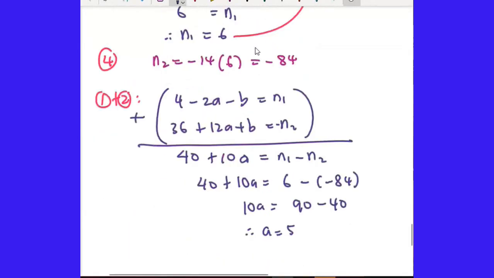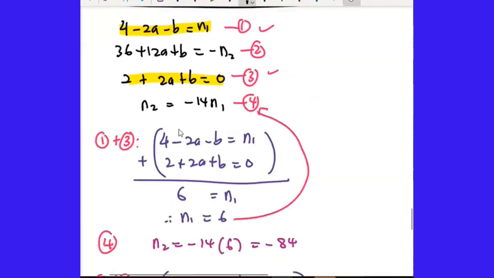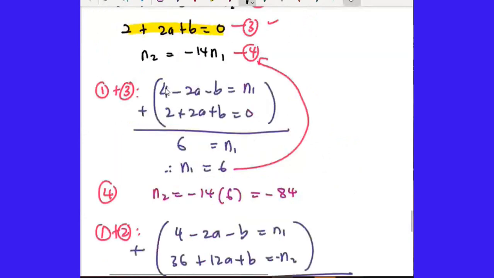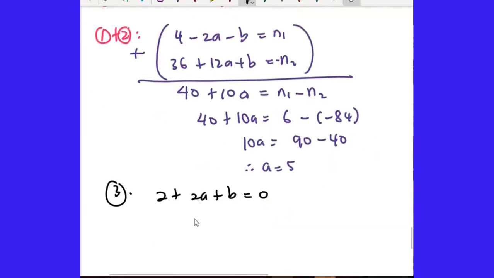Equation 3: 2 plus 2A plus B is equal to 0. Substitute. 2 plus 2A plus B is equal to 0. Okay, so therefore B is equal to negative 12.